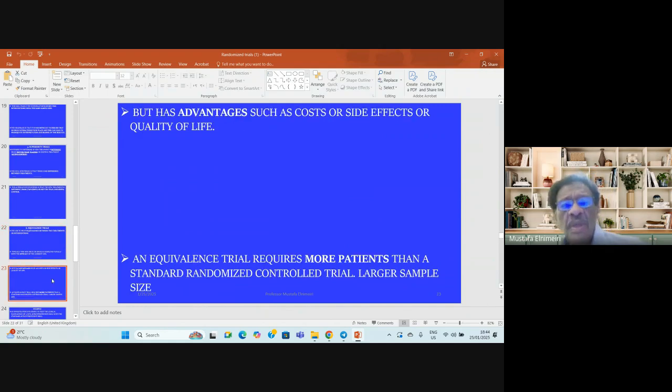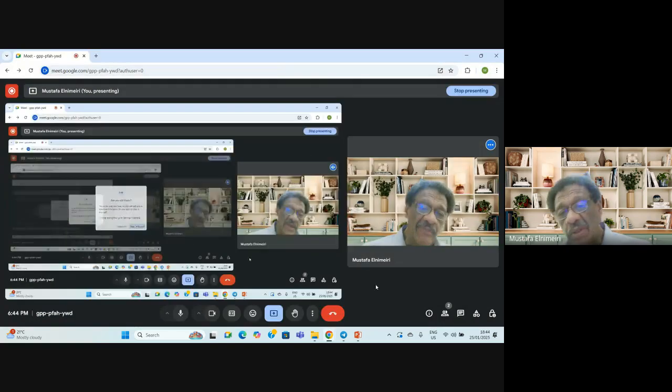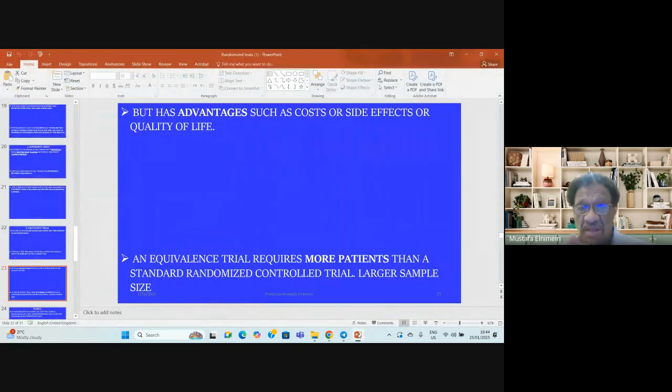Despite the 2 treatments being equivalent, the new treatment may have some advantages, such as cost, so it will be affordable for the patient to use, or side effects or quality of life are better compared to the standard care treatment.